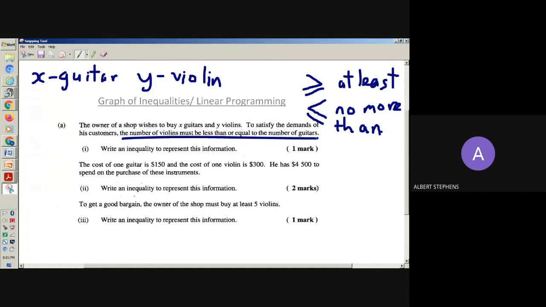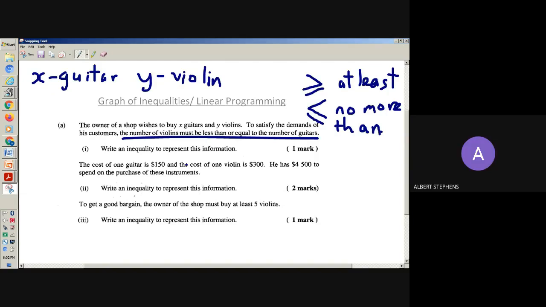We want to convert this word phrase into an inequality statement. Y is less than or equal to X.